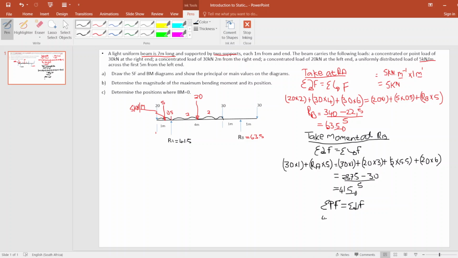Now we are having upward forces. It is 41, comma 5 plus 63, comma 5 equals to downward forces. I'm having 20 plus 5 plus 20 plus 30 plus 30.